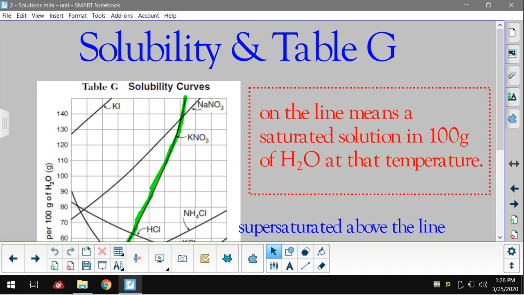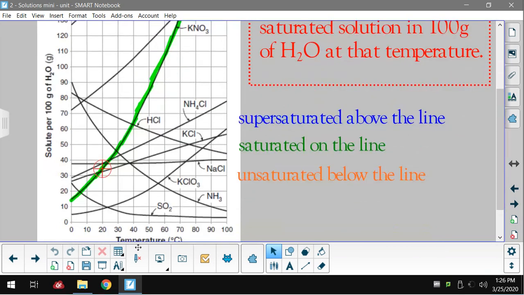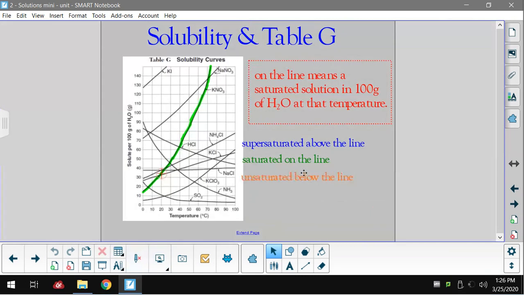Table G is used a lot in solubility and solvents and solutions. It's basically just telling you about different substances. If you look at Table G, let me change this so you can see the whole page. Table G shows us a bunch of curves, 10 different substances, their curves.